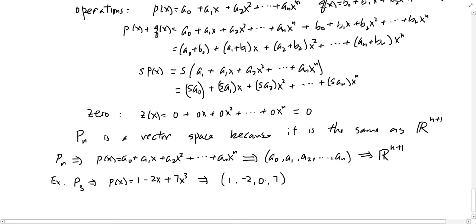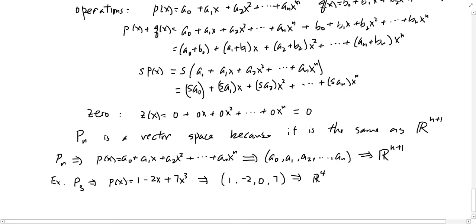Notice that I need a 0 to hold the place for 0x squared. And that is just a vector in R^4, because there are 4 coefficients. And if vectors in R^4 form a vector space, so would this.